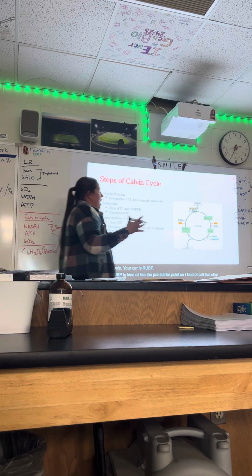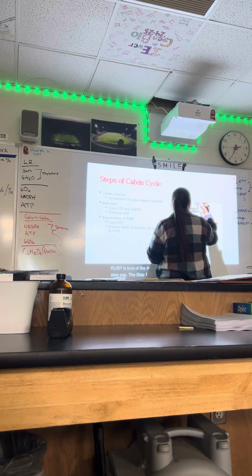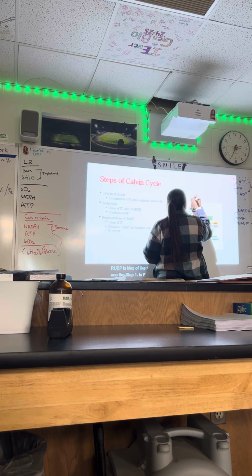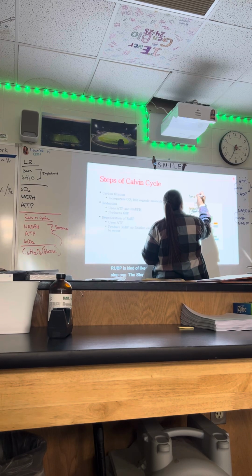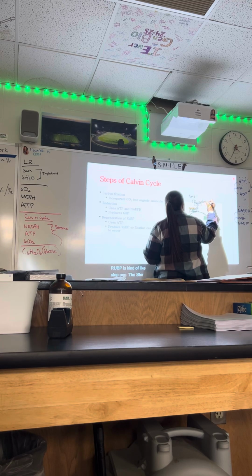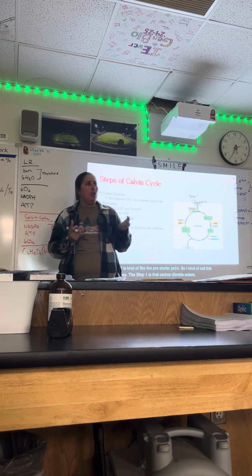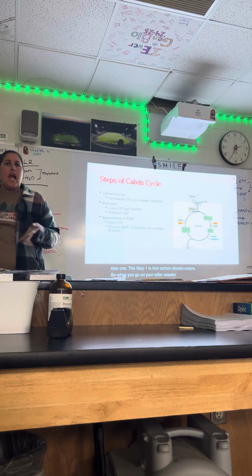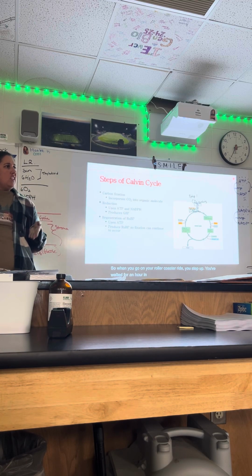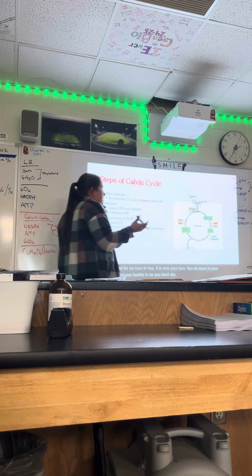The step 1 is that carbon dioxide enters. So when you go on your roller coaster ride, you step up, you've waited for an hour in line, it is now your turn, you sit down in your cart and you buckle in so you don't die on this ride. Okay, step 1.